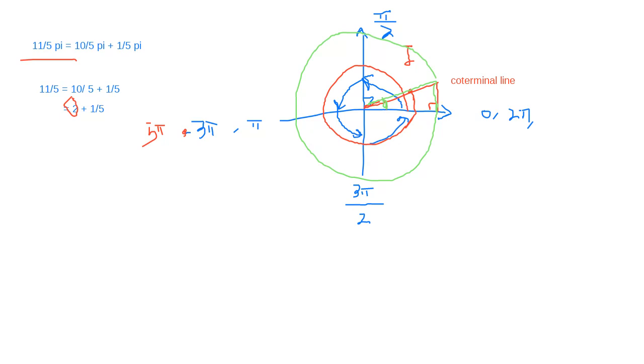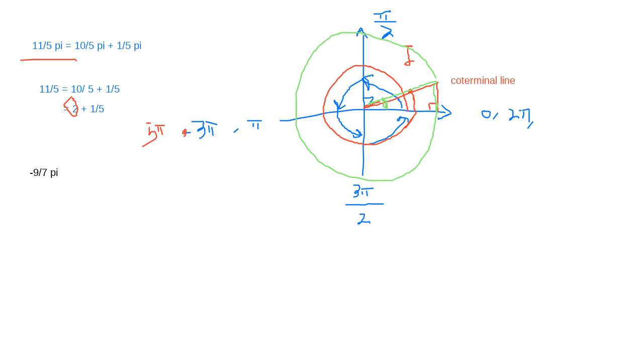All right, let's see the second one. The second one is negative 9 pi over 7. It's negative. It's measured negatively. So let me change to my color. Negative 9 over 7 pi.